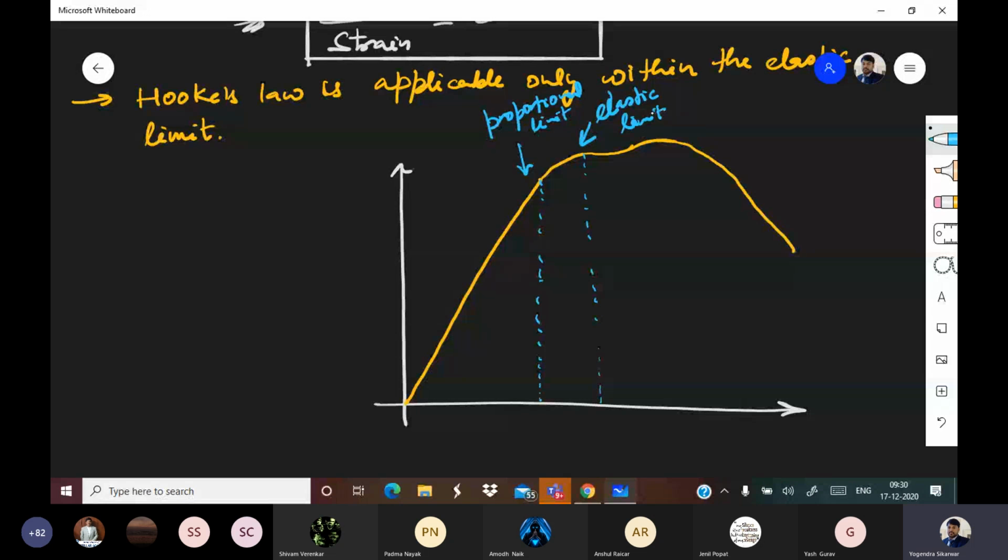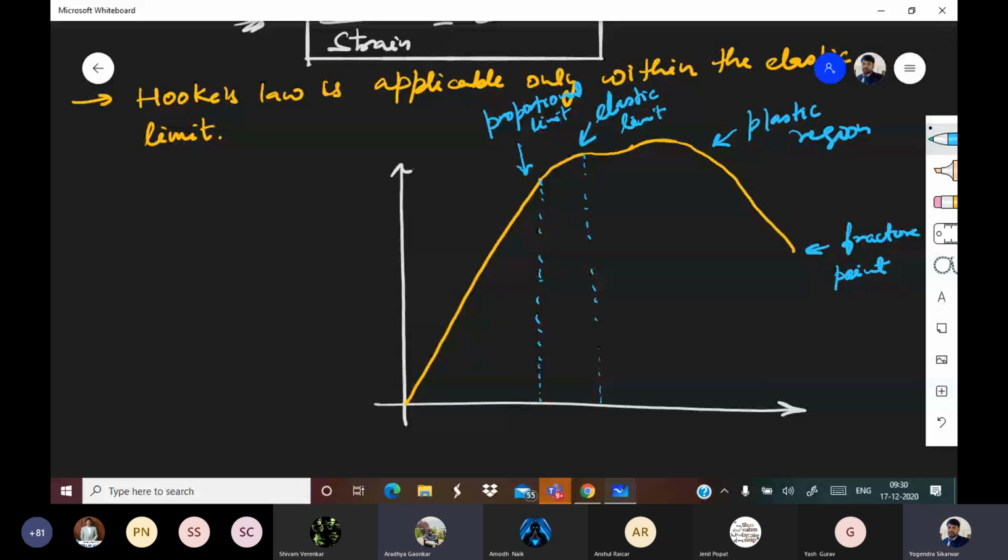Okay, what is the elastic limit? We'll talk about it. Then comes the plastic region. And then the final point is the fracture point. Okay. What is this graph about? This is a graph between stress and strain developed.